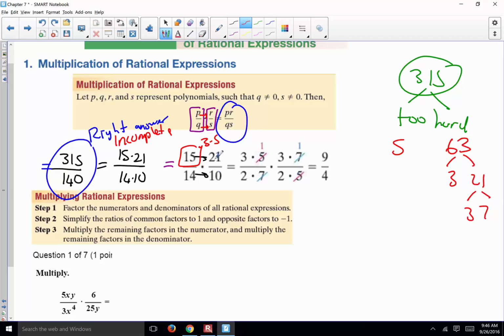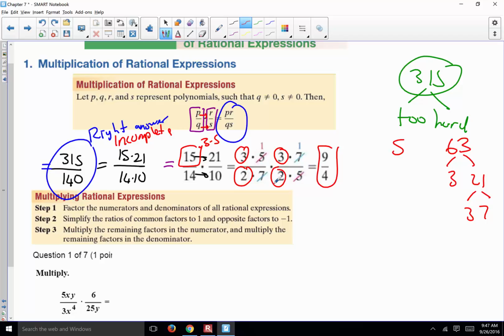Here, 15, 21, 14, and 10 are so easy to break. Literally break them before you start multiplying. Then cancel the stuff that matches on the top and bottom. And then multiply the leftovers. Multiply them and get the final answer before it's a huge problem.